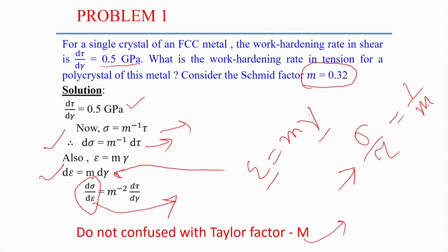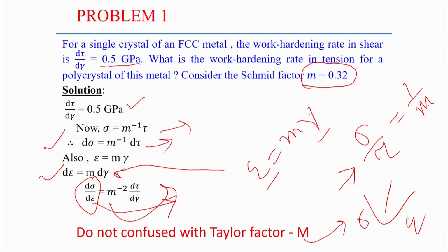In tension we need to define the work hardening rate, which is basically the slope of the stress-strain curve, and that slope mathematically represents the work hardening rate. Now, if we put in the value of M, we can numerically estimate the work hardening rate. So this is the typical problem.